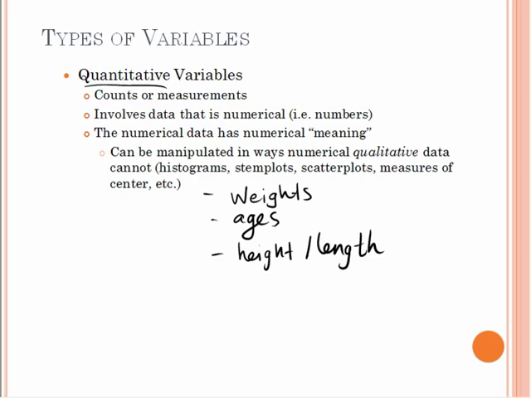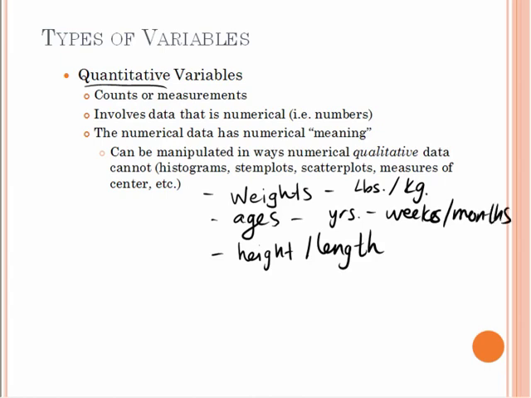Anyway, so now in weights, most of the world uses grams and kilograms. We use pounds in this country, but kilograms may be used as well. Ages, we use years, yes? Okay. Although with newborns, maybe we use weeks or months as well. But these are all quantitative variables.